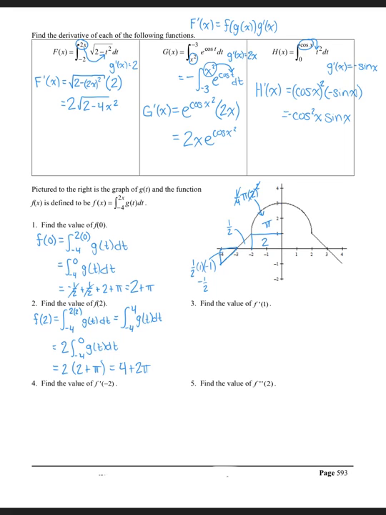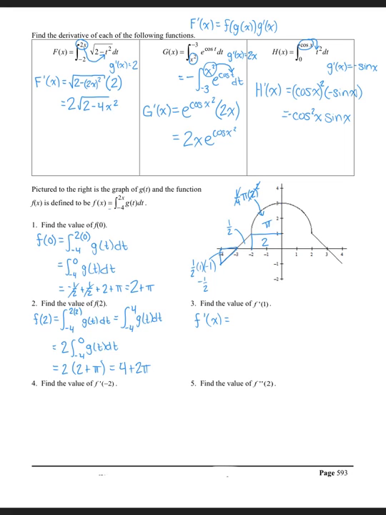Okay, and again, you could actually do the geometry and figure that out for yourself, but if you know these properties, they're kind of shortcuts. Okay, so if we look at number 3, find the value of f prime of 1. So first, we need to find f prime of x, and then we can plug in 1.